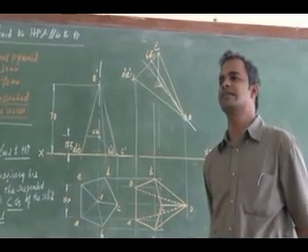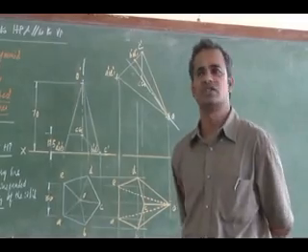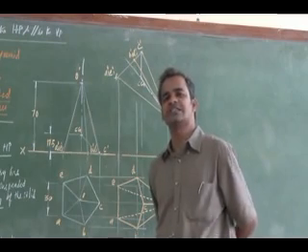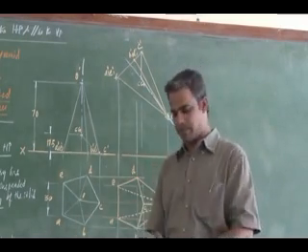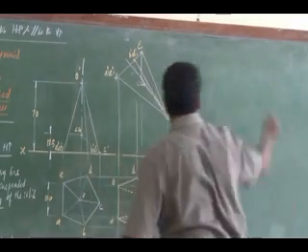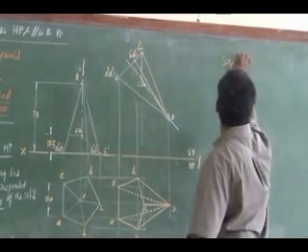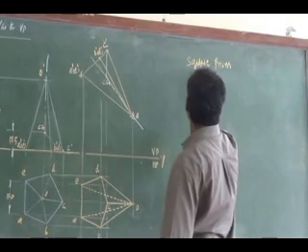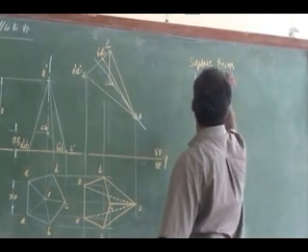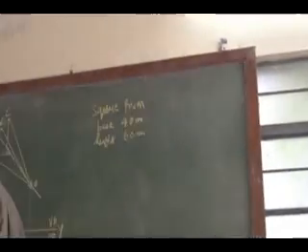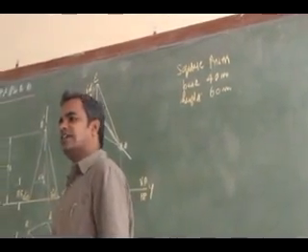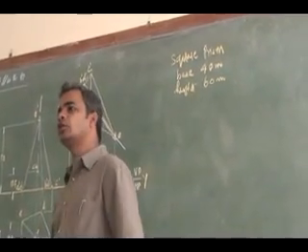A square prism of base side 40 mm and height 60 mm is freely suspended by a string from one of its base corners, in such a way that the axis is parallel to VP.